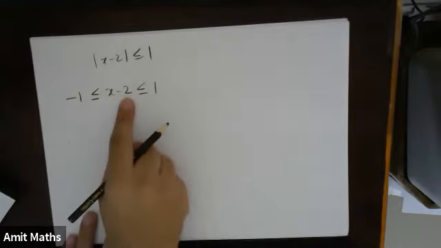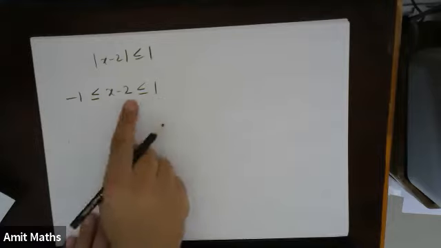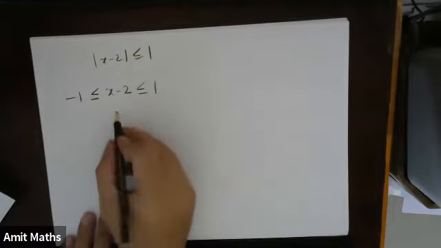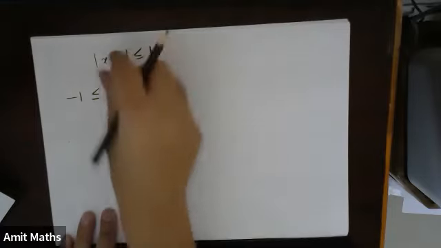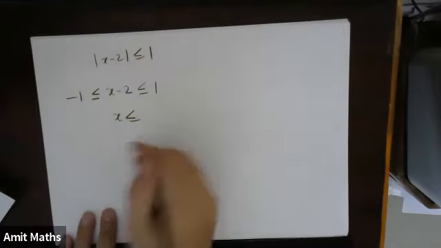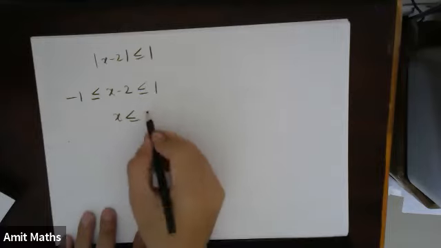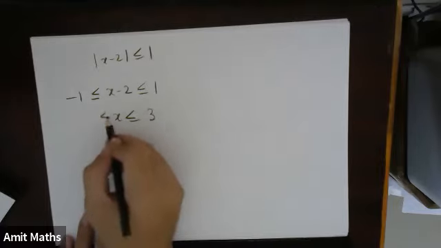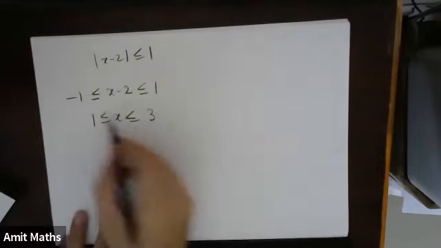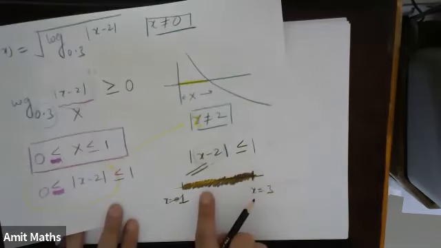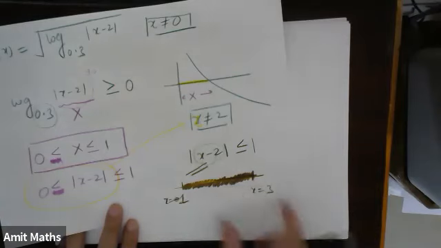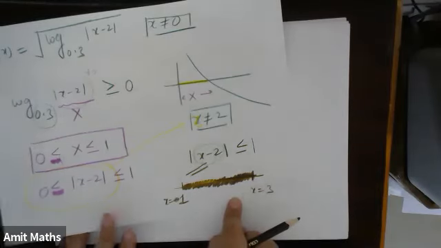Because if I am opening the mod, whatever is inside should be less than 1 and greater than minus 1. If I take 2 this side, this will be 3, and if I take 2 this side, this will be 1. So x is greater than or equal to 1 and less than or equal to 3. Same thing which we got from observation.